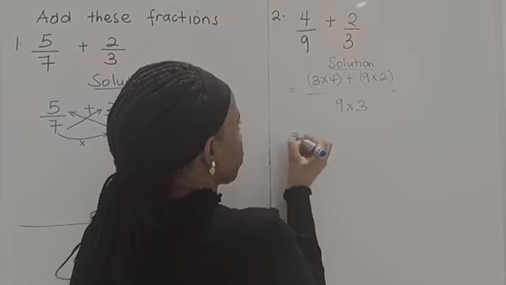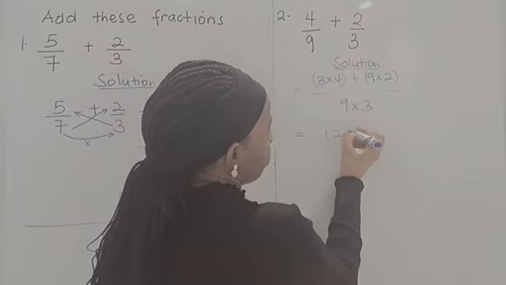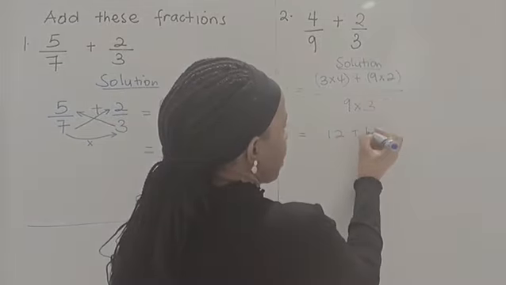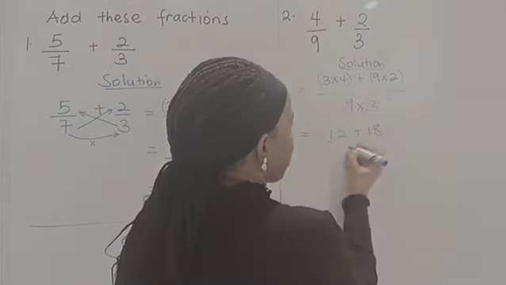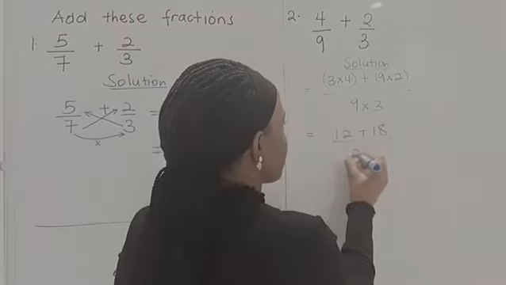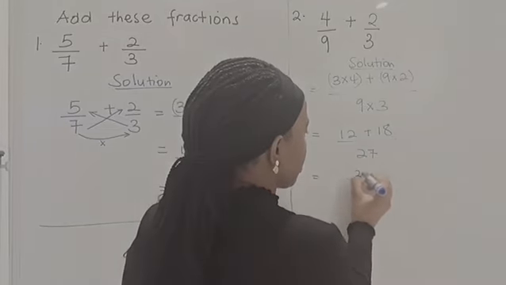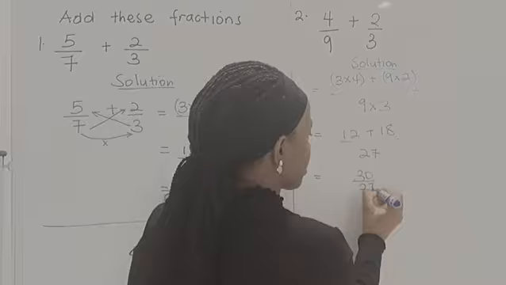So this is equal to 3 times 4 is 12, 9 times 2 is 18, divided by 9 times 3, you get 27. This is 30 divided by 27.